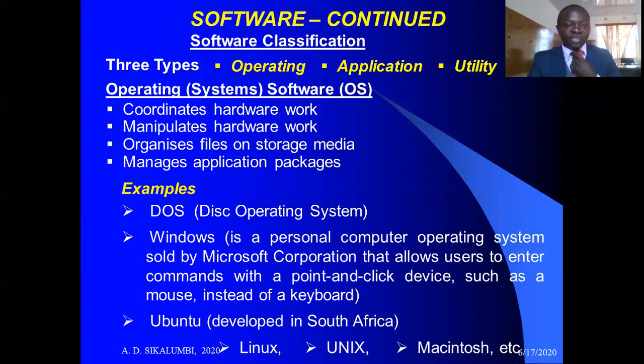The other example is Ubuntu, developed in South Africa by an African who decided to come up with this operating system that is not susceptible to viruses. It's virus-free, meaning no virus can attack it.